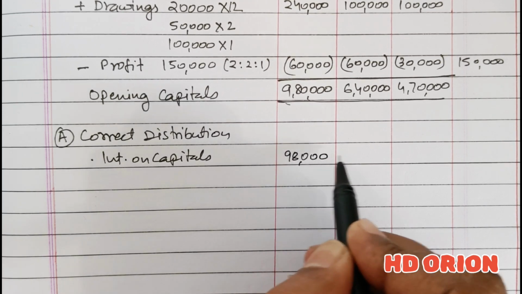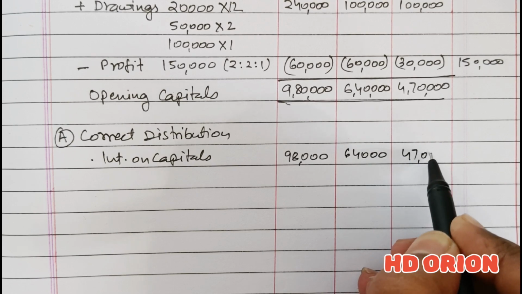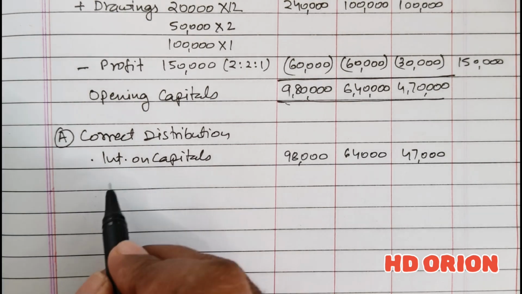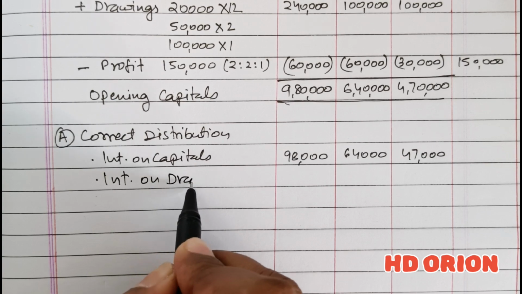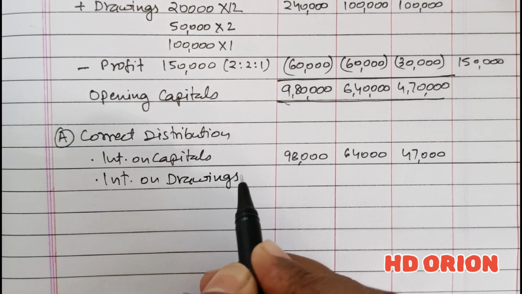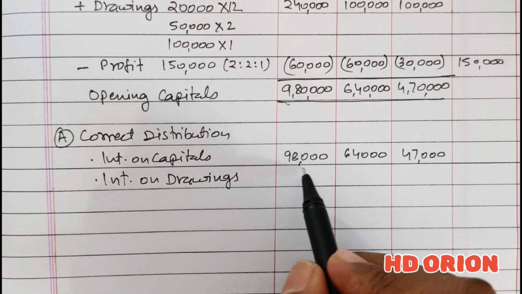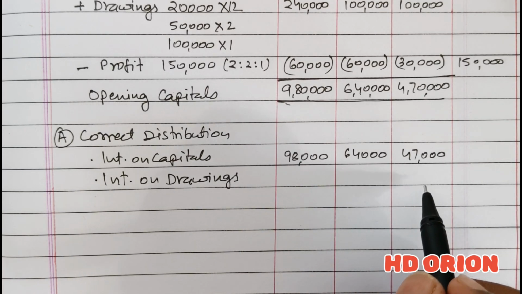That is 98,000, 64,000 and 47,000 rupees. These are interest on capital, which is paid to the partners by the firm. But interest on drawings is paid by the partners to the firm. Means the firm will collect interest on drawings. So they are reverse in nature.